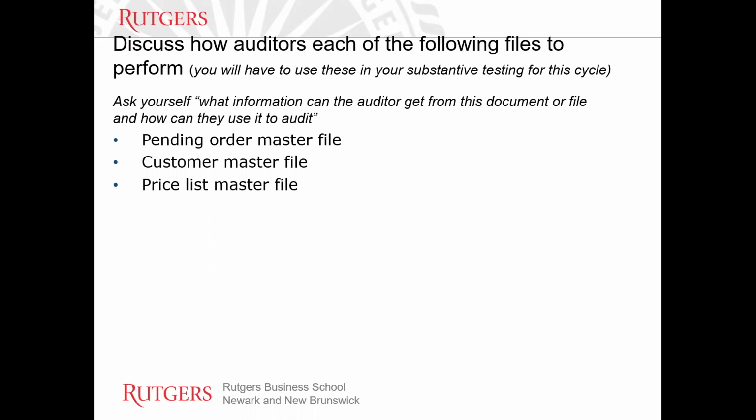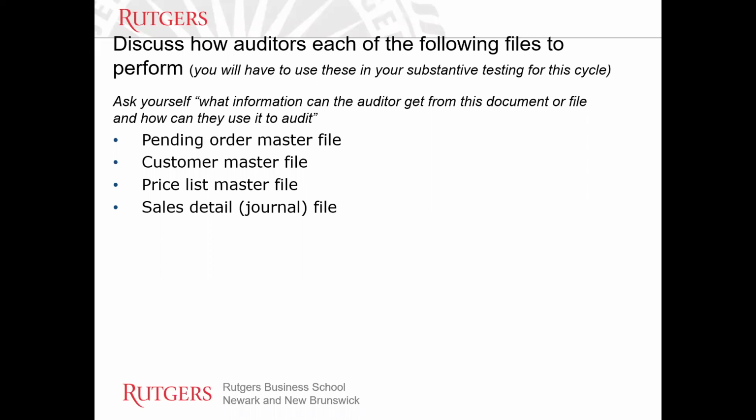So before I go to the audit and I'm like, hey, let's use the price list master file, before that happens, we test the controls underlying the price list master file to make sure that it's pulling correct prices, that the discount rates are correct, things like that. But yeah, the most up-to-date price information.